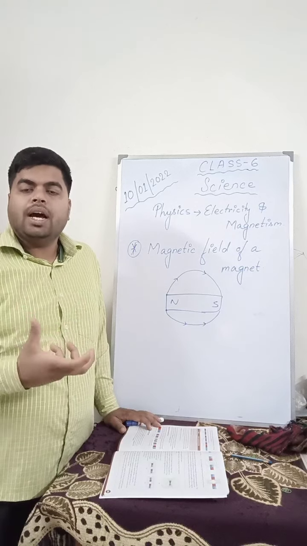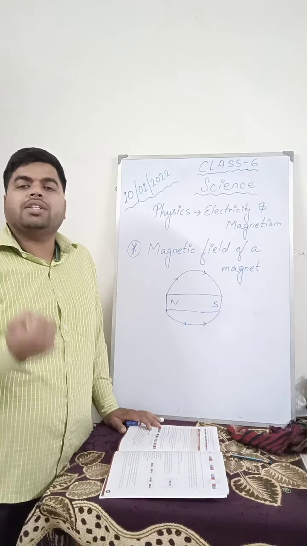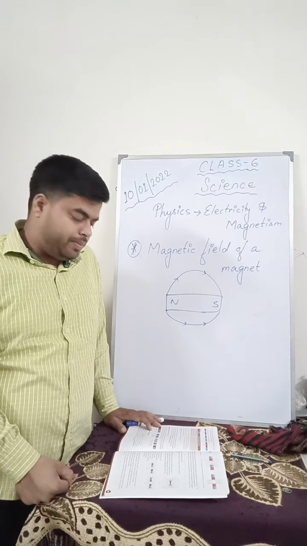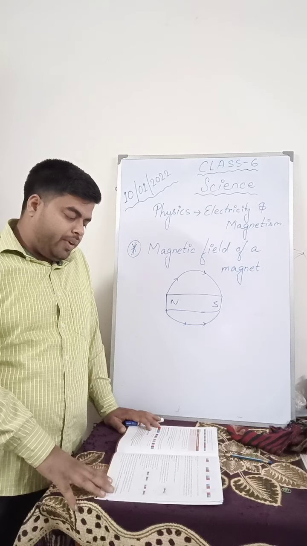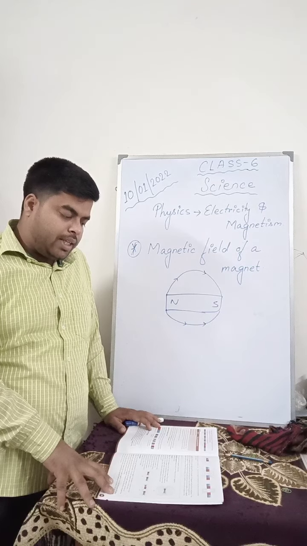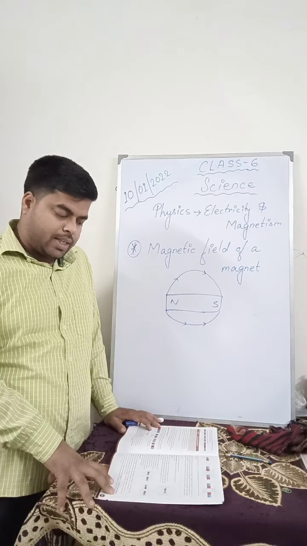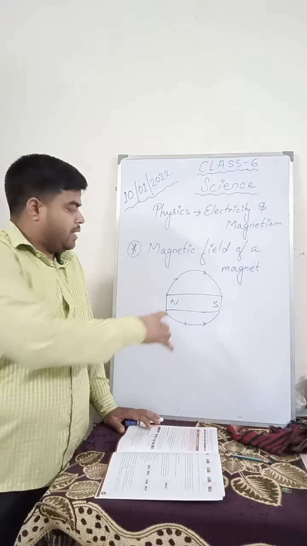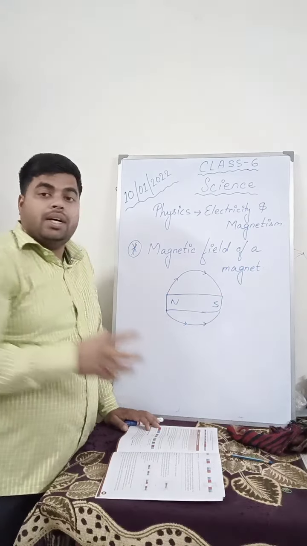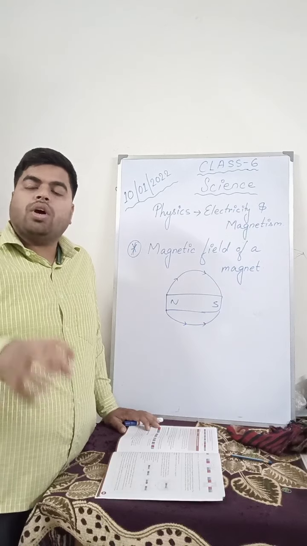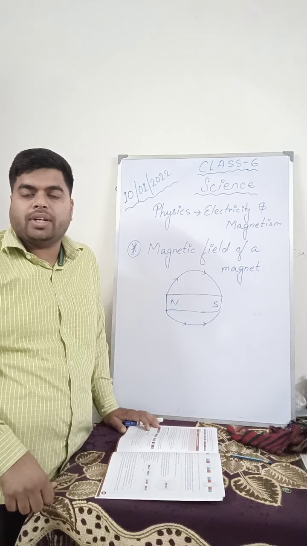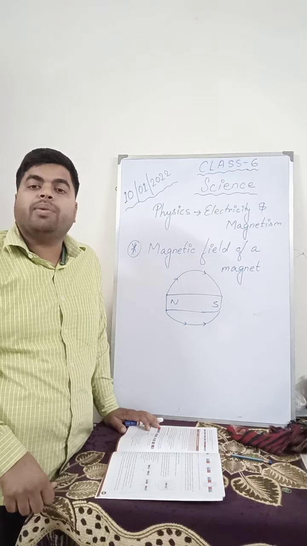That is the strength, how much power it has to attract towards itself. The magnetic field lines also represent the strength of magnetic attraction or repulsion. So the magnetic field lines tell you how strong the magnetic force of attraction or repulsion is.